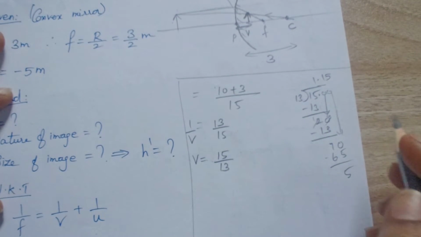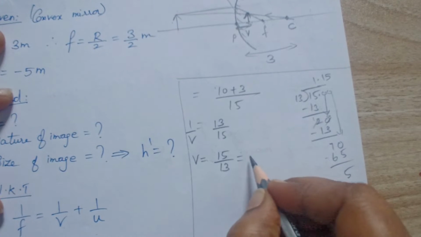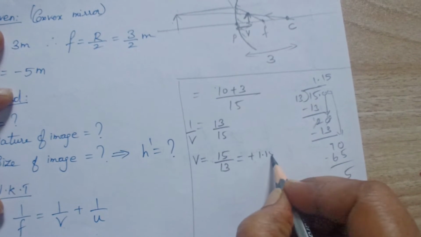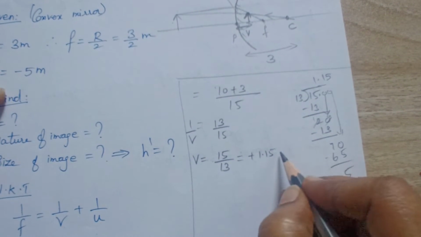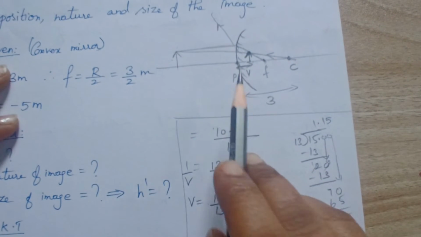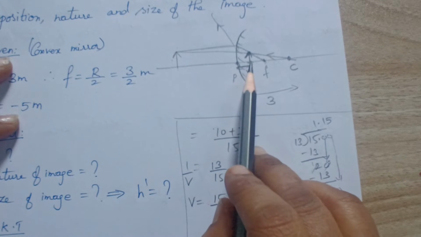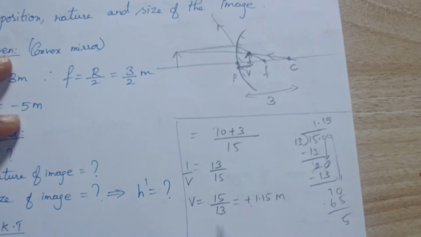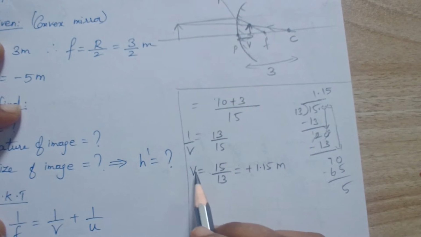Subtract this and you will get 5. So that equals plus 1.15 meter. Definitely it is positive, so it lies behind the mirror, on the positive side of the x-axis. So your answer v is correct.